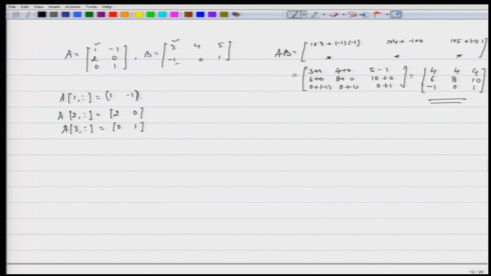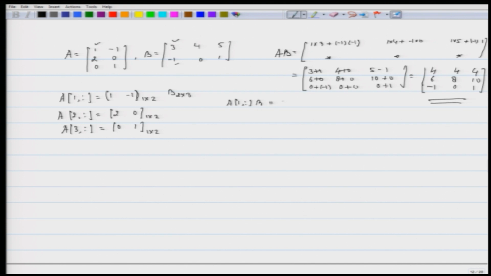Now, each of these is a matrix of size 1 row 2 column. B is a matrix which is 2 cross 3. It means that I can multiply these two.